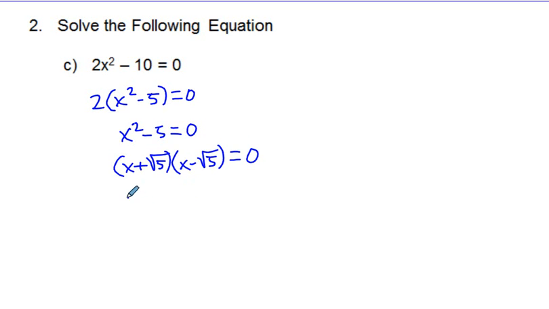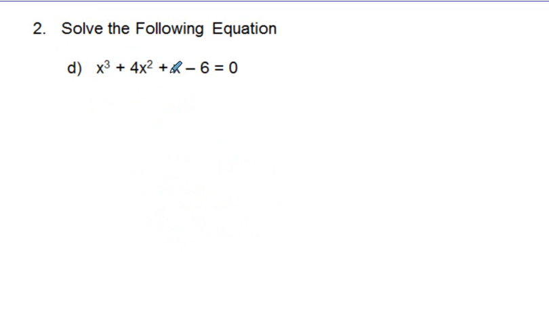And so therefore x can be equal to negative square root of 5, and x can be equal to square root of 5. So that's a possibility, and we'll run across this once in a while in calculus.